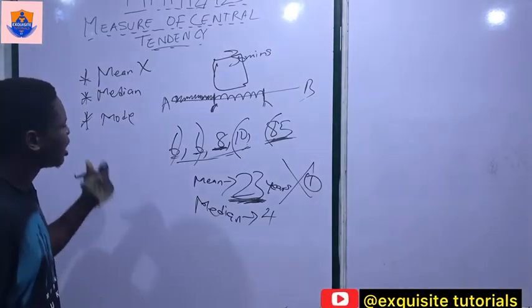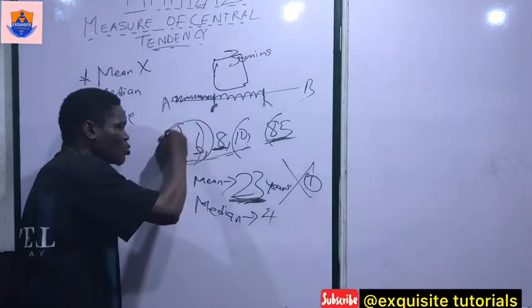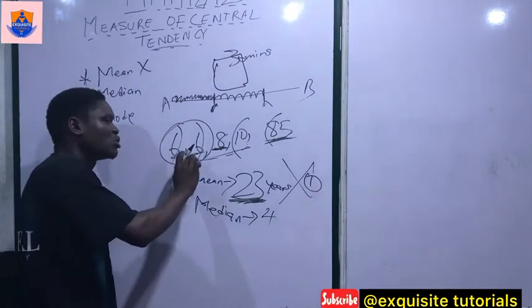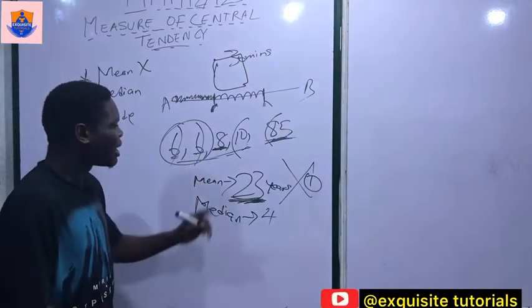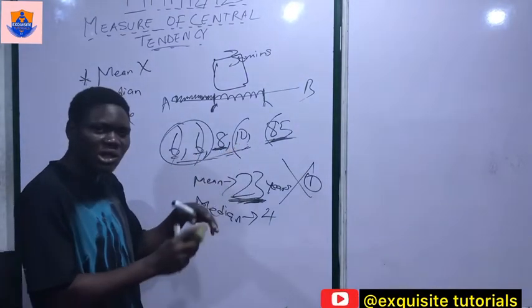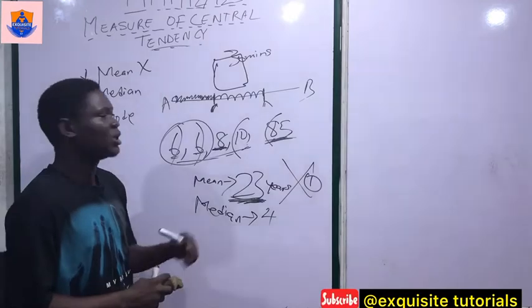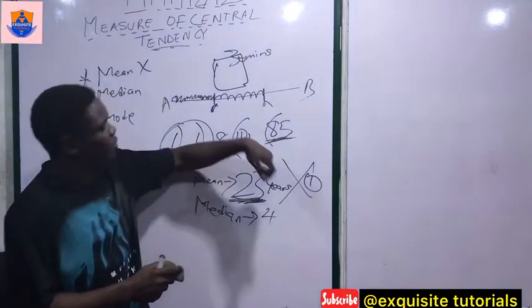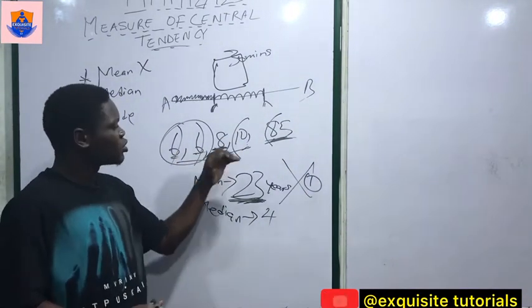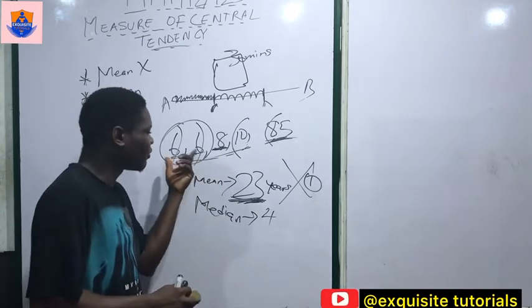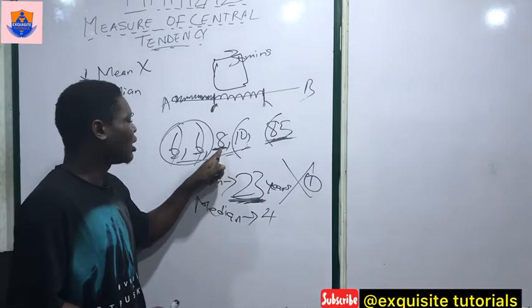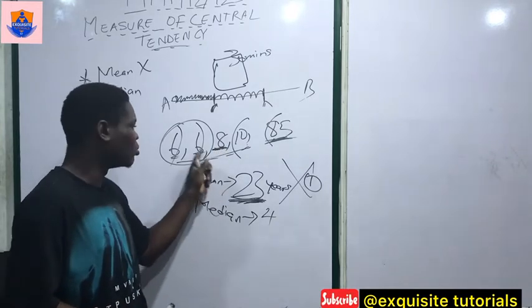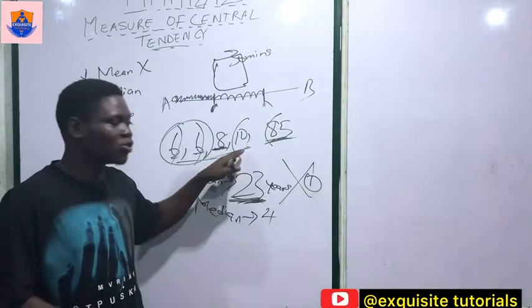What about mode? Which one appears most? 6 appears most. So you will satisfy 6, and an 8-year-old person can also watch this. But at least 10 years old is still a little bit far. Mind you, 85 cannot even watch it. So the pleasure that this 8 years will derive from the movie will not be the one that this 10 years will derive.